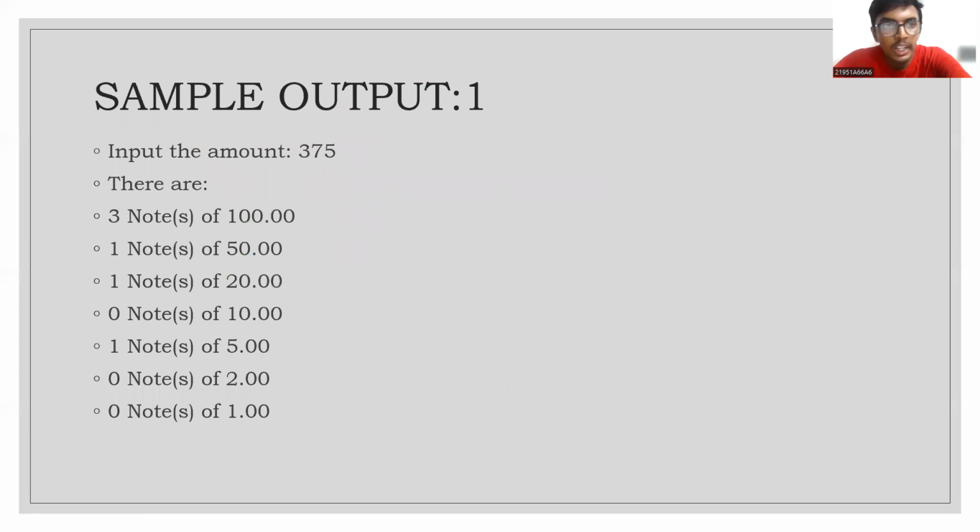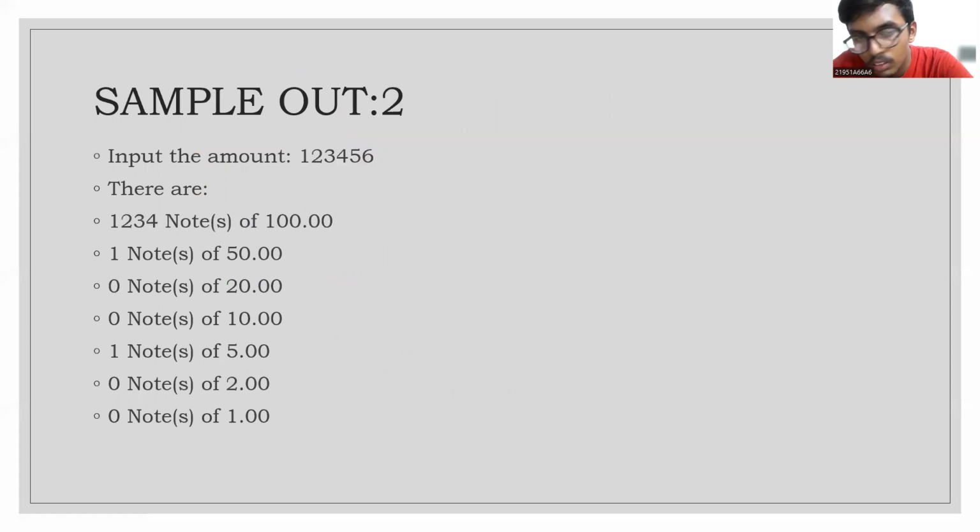Sample output 1. Input the amount 375. There are 3 notes of 100, 1 note of 50, 1 note of 20, 0 notes of 10, 1 note of 5, 0 notes of 2, 0 notes of 1.